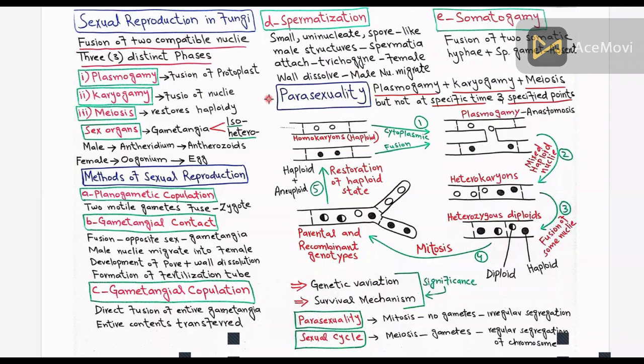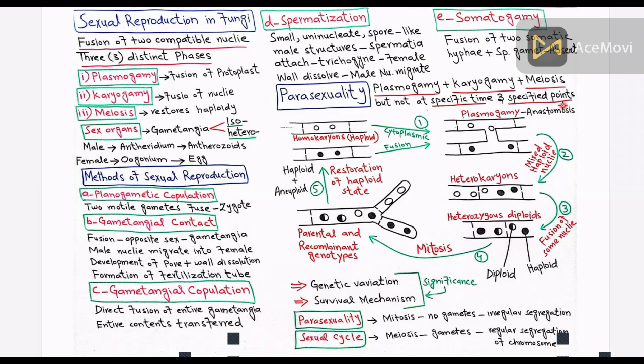The last topic is parasexuality. What is parasexuality? Parasexuality is a unique process in which plasmogamy, karyogamy, and meiosis take place in a sequence, but not at a specified time and specified points.